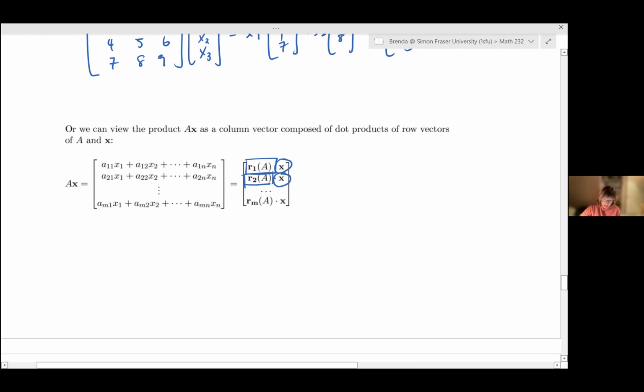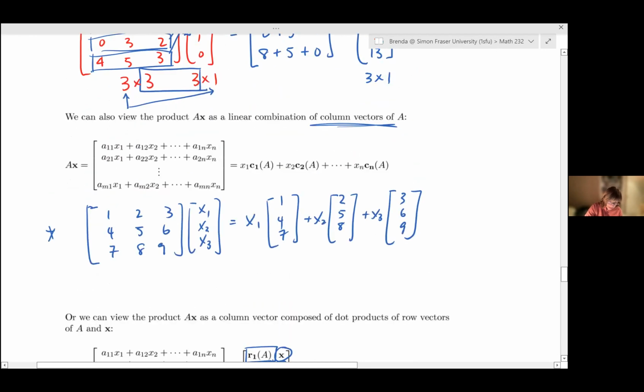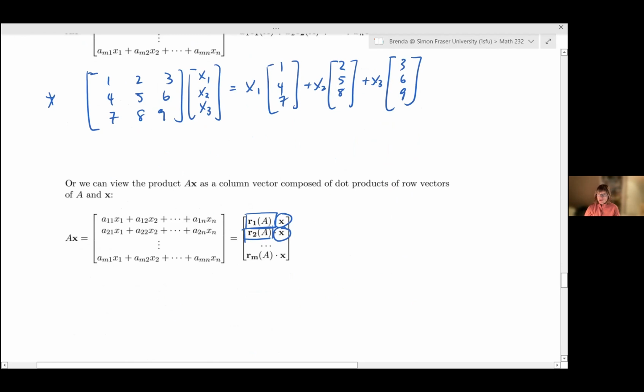Maybe what you can do is take one of these 2 examples above, or even both, and be thinking of it in this manner and make sure that you get the same result. It doesn't matter how you're thinking about it, it's just a different way of thinking about it. You always, of course, get the same result.